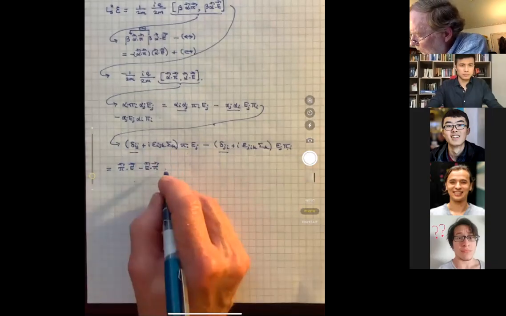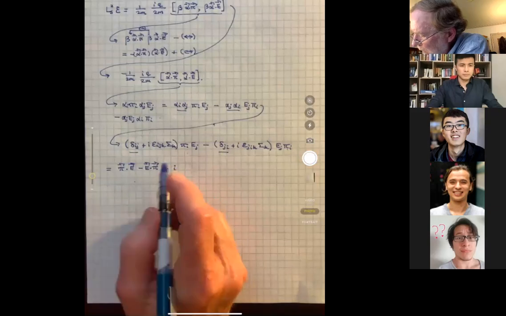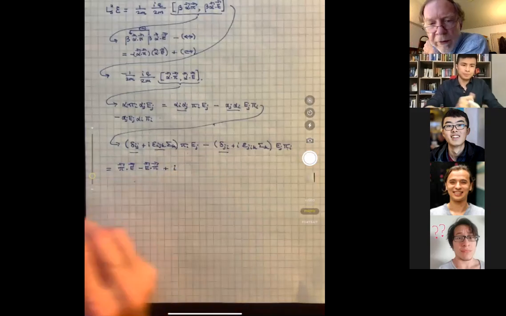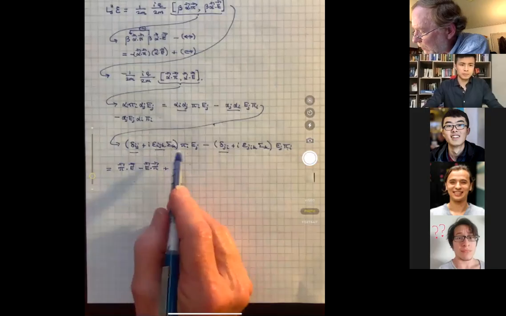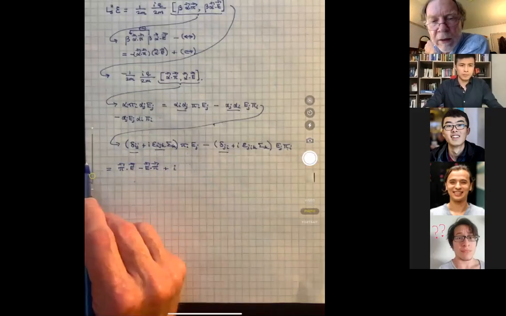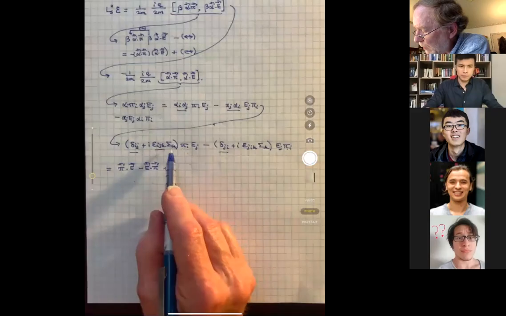The first term is going to be this. So we get plus i. Well, the epsilon ijk, of course, is dotted with three vectors here, one, two, three. It gives us a kind of a triple product. The π and the E don't commute, but the sigma commutes with them because sigma is purely spin.